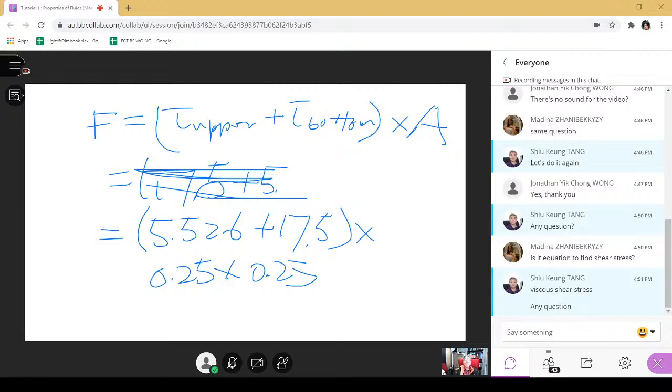We have to convert everything into the same unit before we can do a calculation. The stress is given in Newton per square meter, so the area has to be in square meter. 250 millimeter is equal to 0.25 meter.